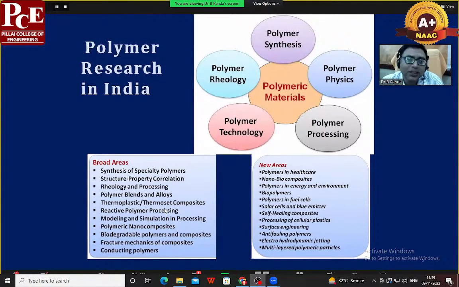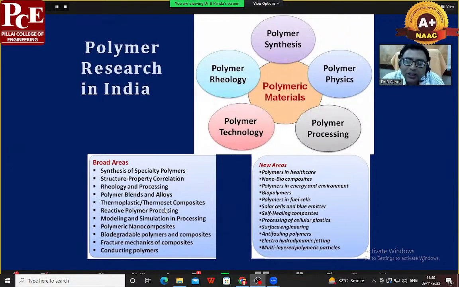You can see on the left-hand side there are broad areas, but people are working on the right-hand side, the new areas. And if you see the new areas clearly, one thing is very clear: now we are very application-oriented. You can see polymers in healthcare, nano biocomposites, biopolymers, polymers in fuel cells.